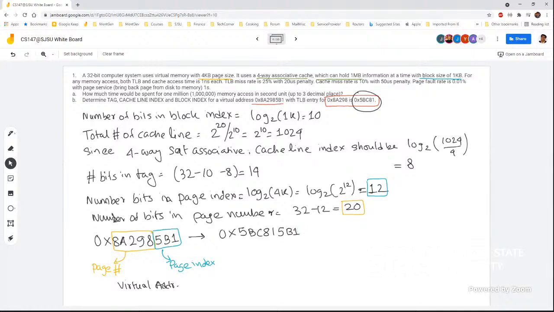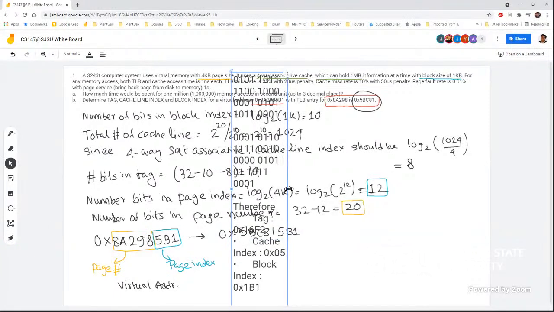Now it comes down to the breaking of that bit pattern into different bits. So just to save my time, I can give you the answer here. So we basically make the 32-bit pattern of this.